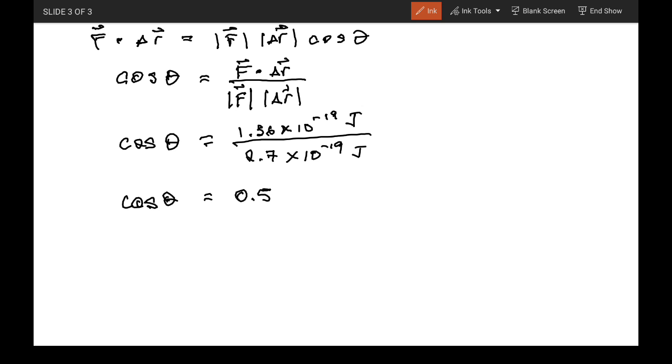There are some decimals there, but we haven't been careful to keep up with lots of significant figures, so I'm going to assume that I only have one significant digit here. I can then take the arc cosine of both sides, which is just asking the question, where does cosine equal 0.5? And that's true when theta is equal to 60 degrees.